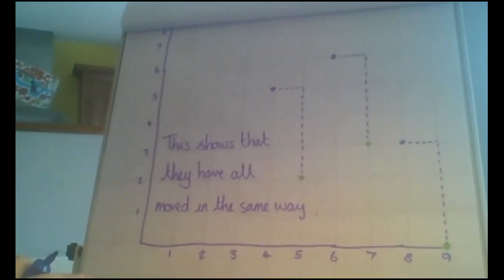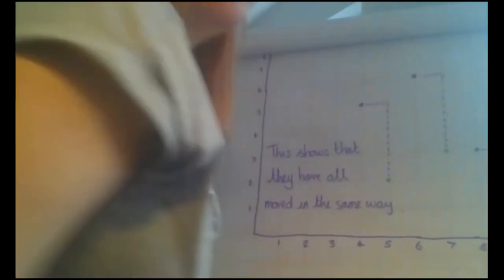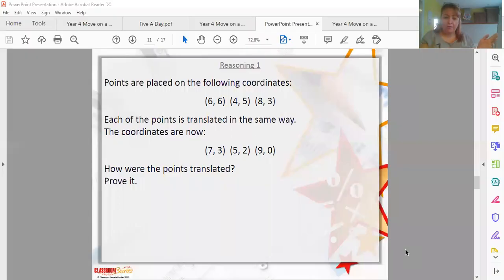And that, remember, is what we want when we're asking you to prove something or asking you to explain how you know. That is what we want, not just I know or because it did. You need to use the maths behind it. And sometimes that is showing a diagram, that's fine.